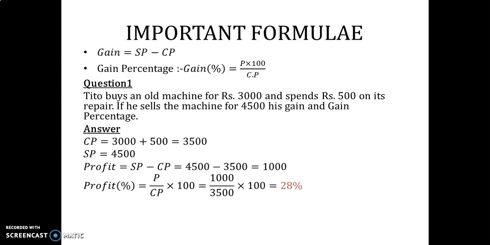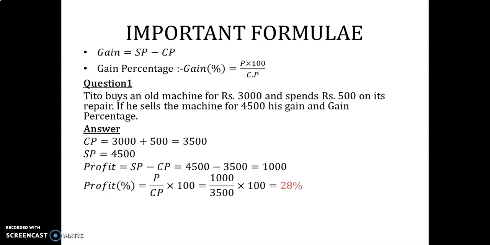From the question itself, cost price is equal to the original price of the machine plus the repair amount, that is 3000 plus 500, which is 3500. Selling price is also given, 4500. So profit is equal to selling price minus cost price, that is 4500 minus 3500. The answer is 1000.